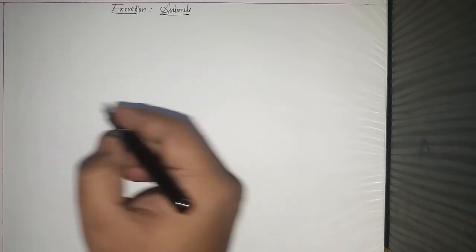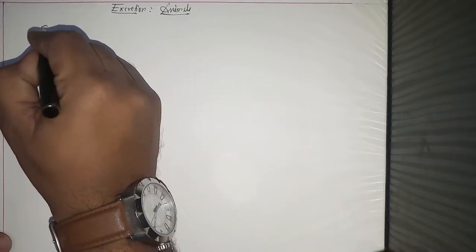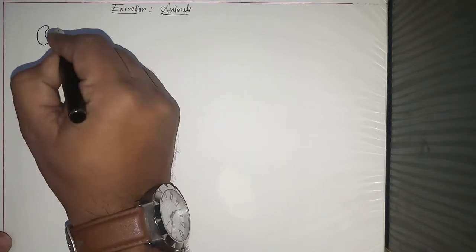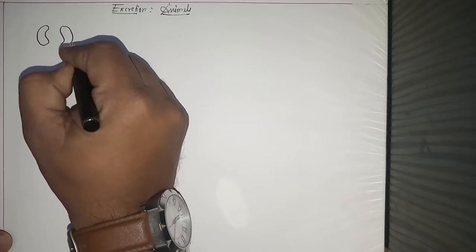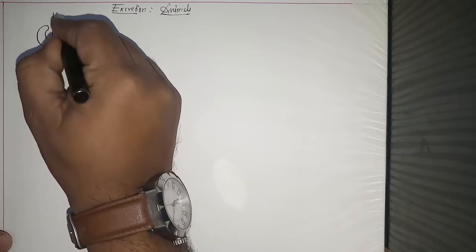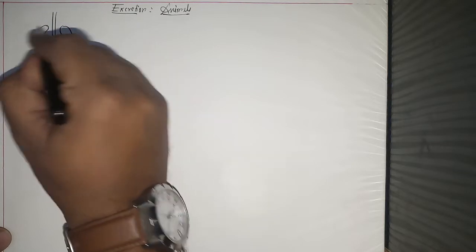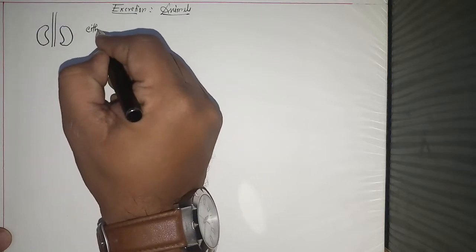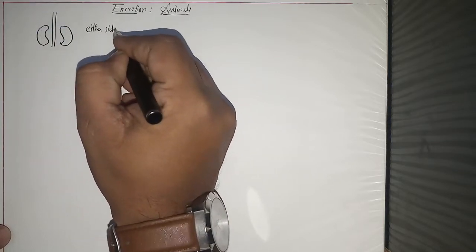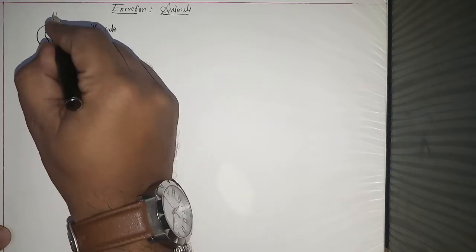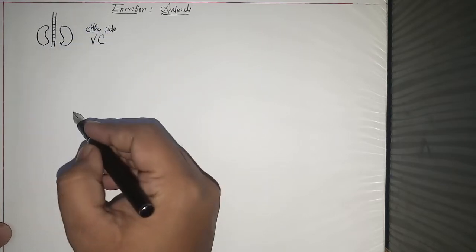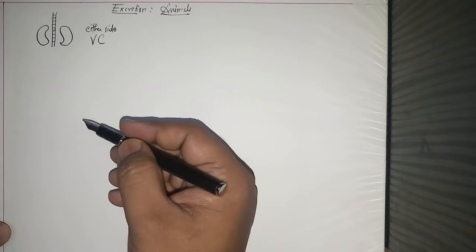We know that, right? It's present in animals and it consists of a pair of kidneys, two bean-shaped kidneys, which are placed on either side of the vertebral column, posterior of the abdomen.